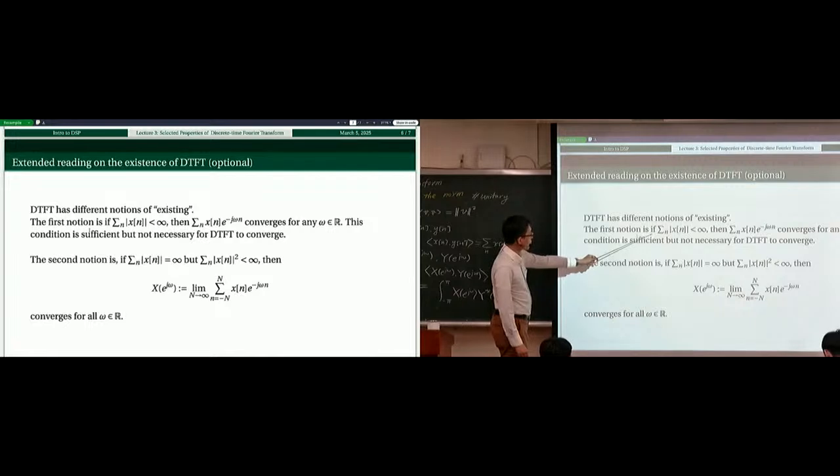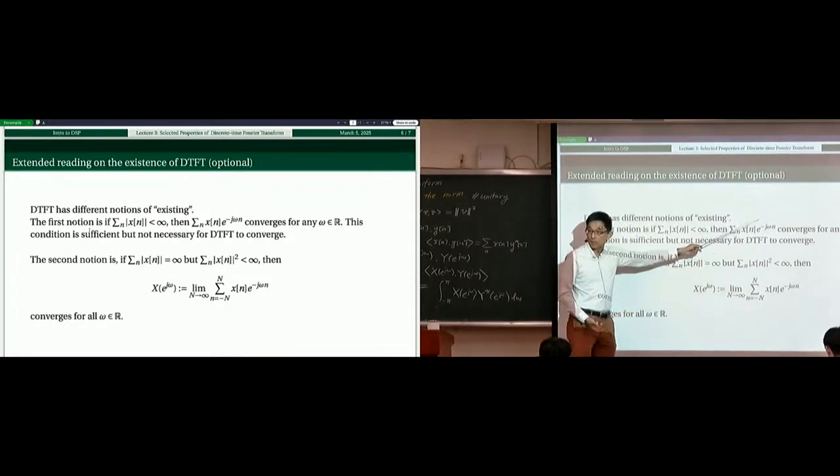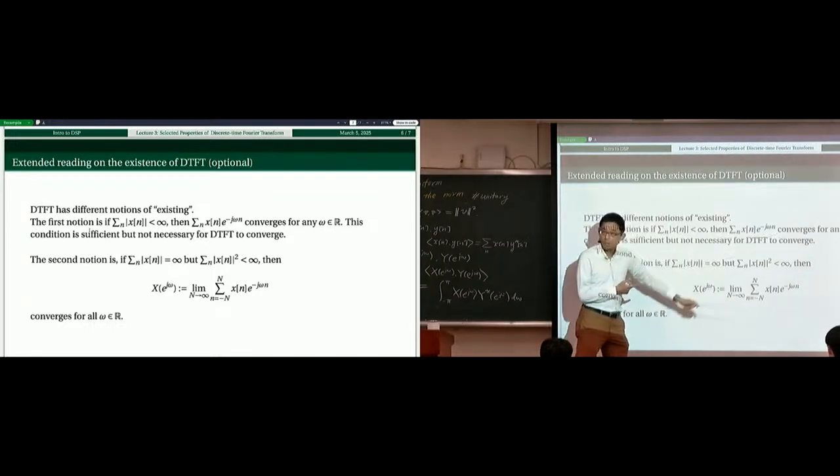This is a known property: if x in the time domain is absolutely summable, meaning when we sum up the absolute values of all samples the result is less than infinity, then this sequence, that's the definition of DTFT, by the way, please be aware of that. If x is absolutely summable, then DTFT converges for any omega.